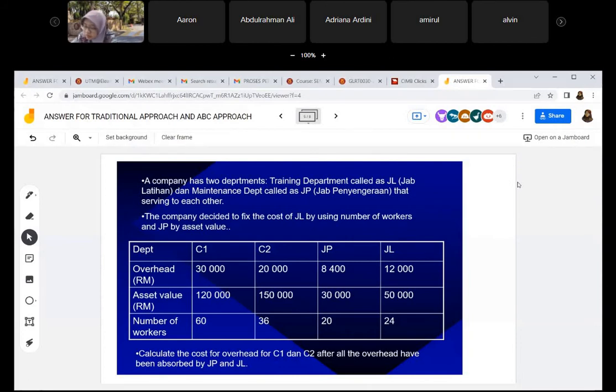Yang mana lah? If you put JP first and then JL, okay, JL. But dekat question JL and JP, but in the table JP and JL kan.